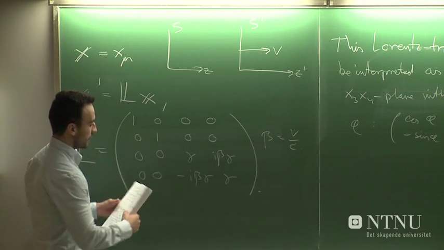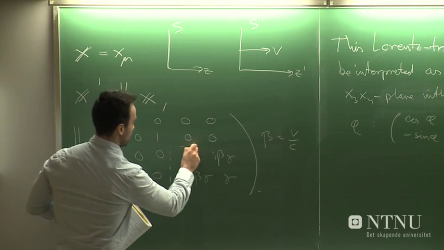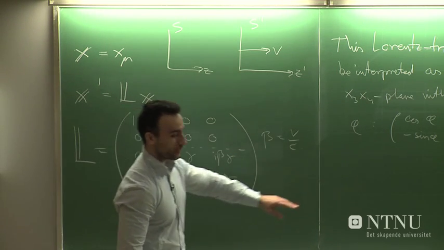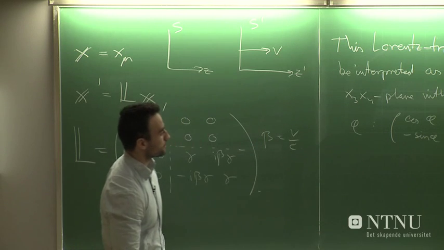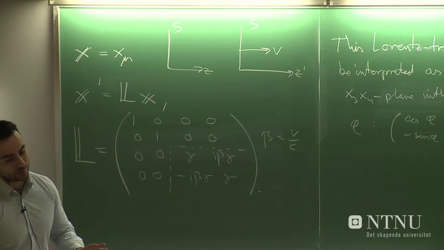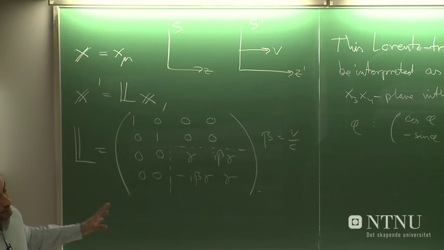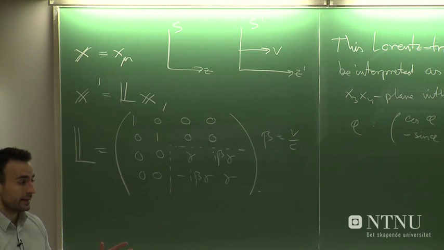Because we see that this particular part of the matrix has this form, where phi is now an imaginary angle. So we can't visualize this rotation in the same way as we visualize the rotation of a physical object, but we can use the same type of mathematics.